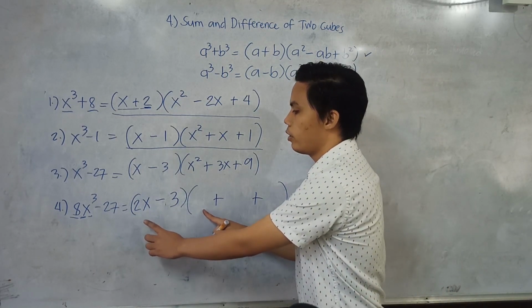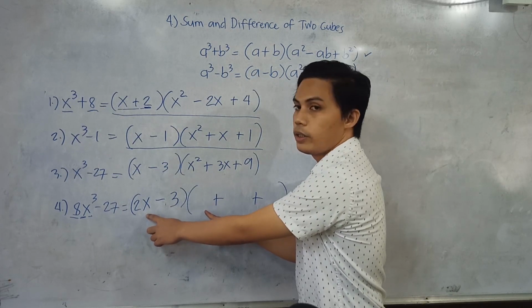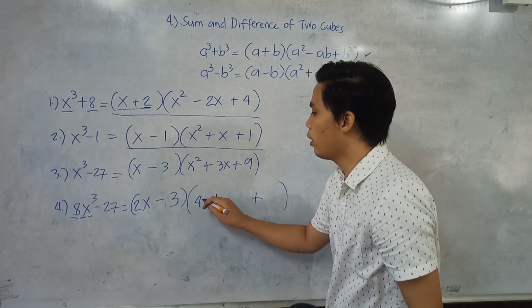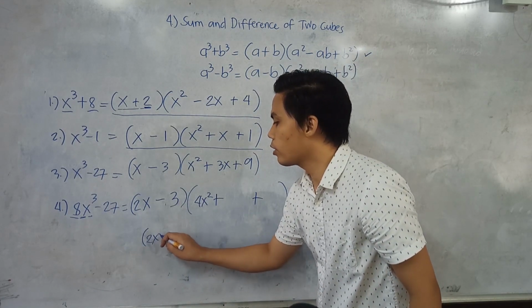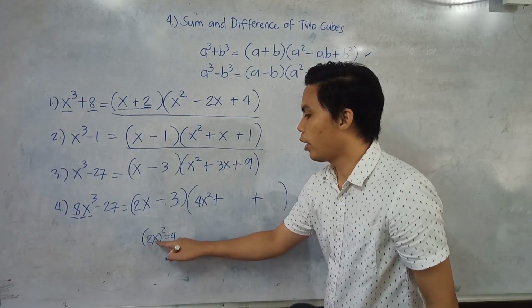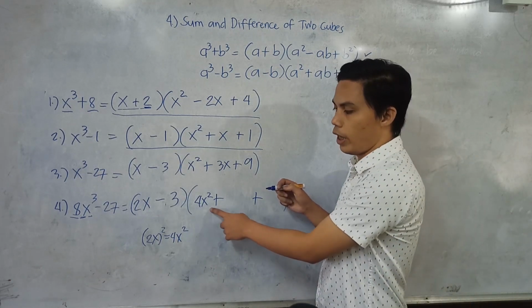Next, dito. Square the first term. 2x squared. Square 2x, you will have 4x squared. Anong nangyari? Magiging 2x squared. Tama? So, you have 2 squared is 4. X squared is x squared. Kaya naging 4x squared.